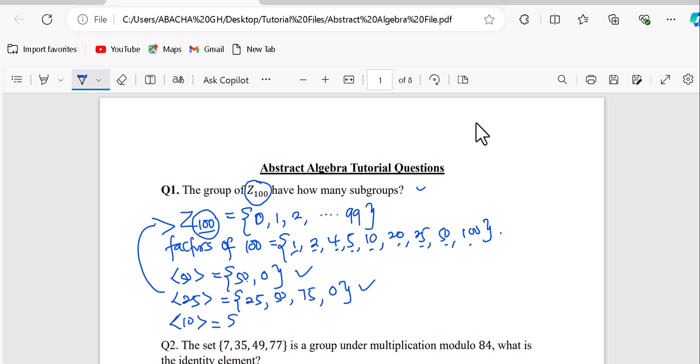If we use 10 here, maybe the first element will just be 10 plus 0, that's 10, plus 10 again, you get 20, plus 10, 30, plus 10, 40, 50, 60, 70, 80, 90, and the last one is 0, because when you add 90 plus 10, that is 100 modulo 100, and that's 0. And so these are the elements of this particular subgroup. All these are modulo 100.